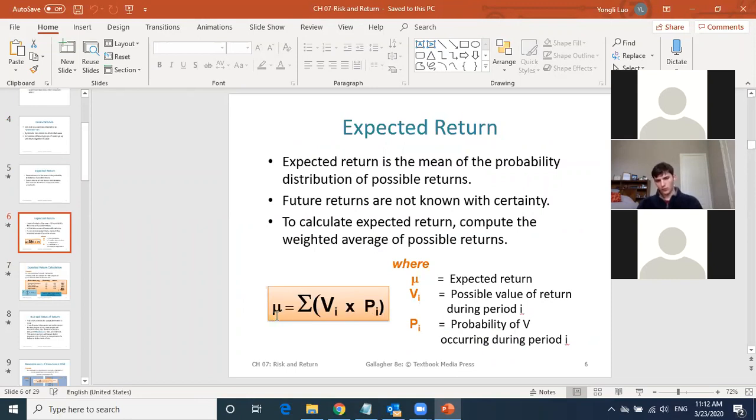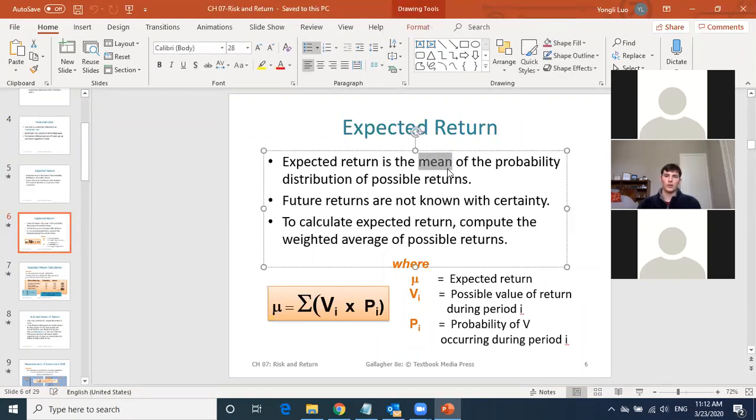So the concept is pretty similar to the mean. When you take a statistics class, the mean is a measure for expected return.